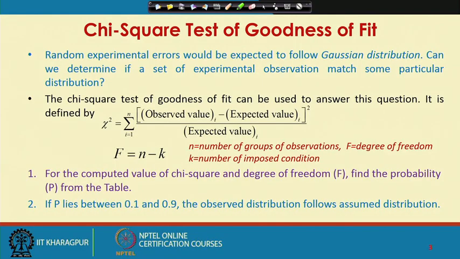Now look at this chi-square distribution table and find the probability from the table corresponding to the degrees of freedom. If the probability lies between 0.1 and 0.9, the observed distribution follows the assumed distribution.